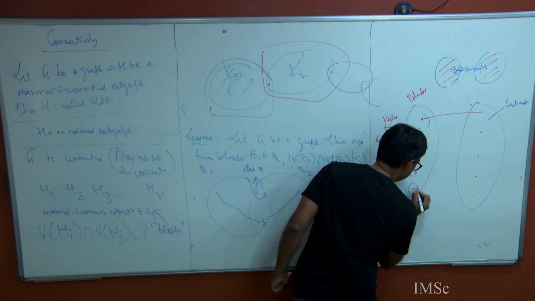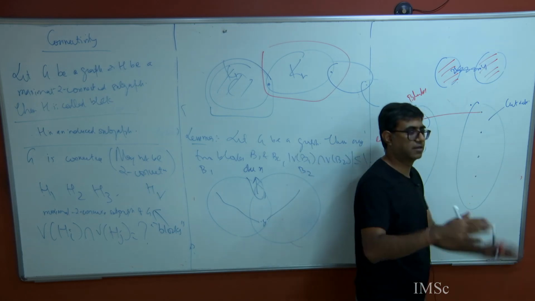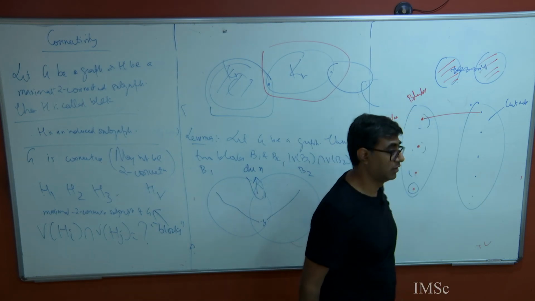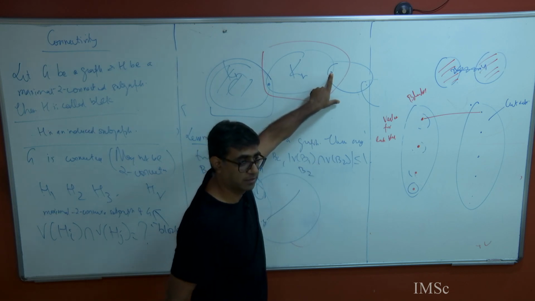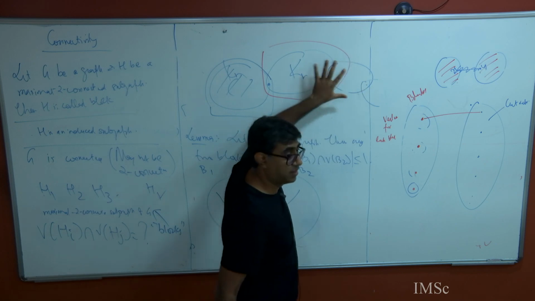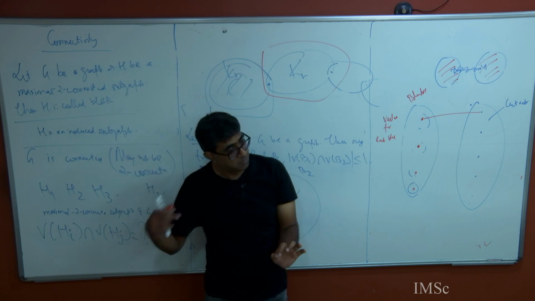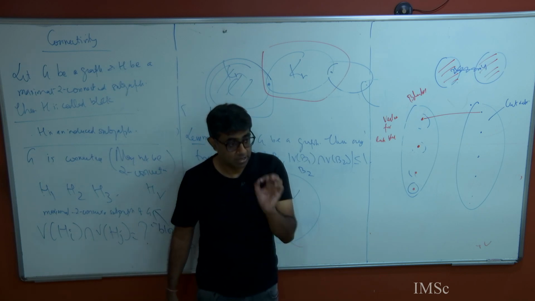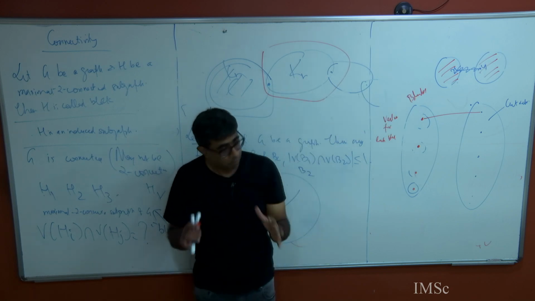And this is the set of cut vertices of my graph. Cut vertices, if I delete them, the graph becomes disconnected. Now, this is a block that contains this cut vertex, right? This is a cut vertex of the graph. It's just that in this induced subgraph, it is not a cut vertex. But a cut vertex of the original graph could belong to a block, and in the block it is not a cut vertex.